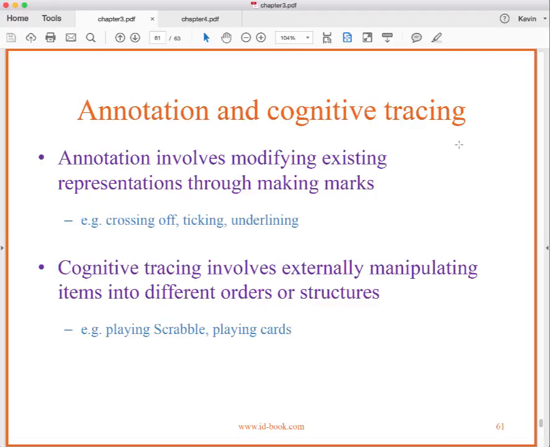Okay, a couple of other things that we use are called annotation and cognitive tracing. Annotation involves modifying existing representation through making marks, crossing off, ticking, underlining.